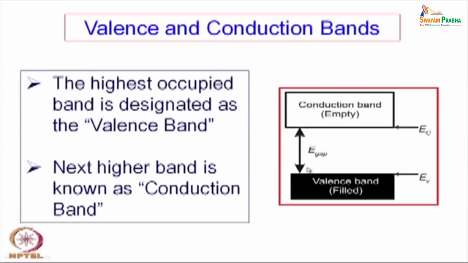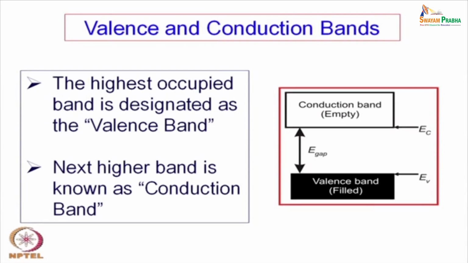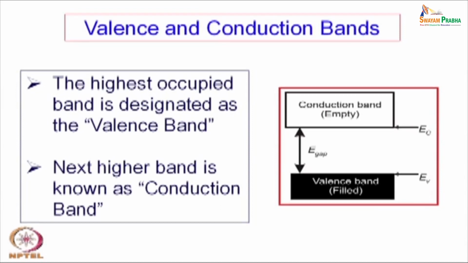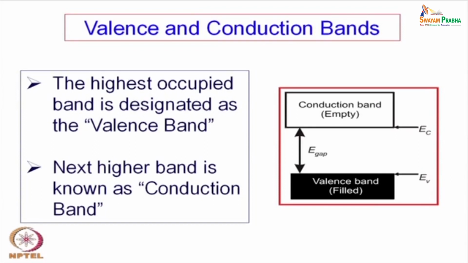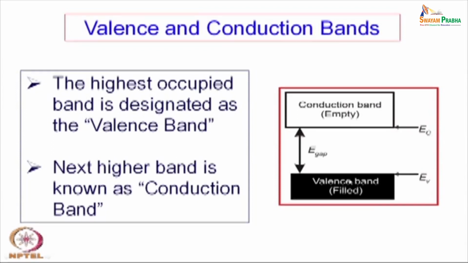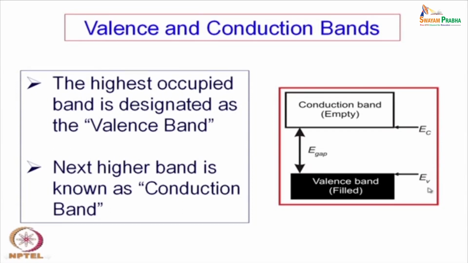Here it is written E gap, but mostly it is EG, E subscript G, which is the designation of the band gap. So, E gap or EG is actually nothing but EC minus EV.